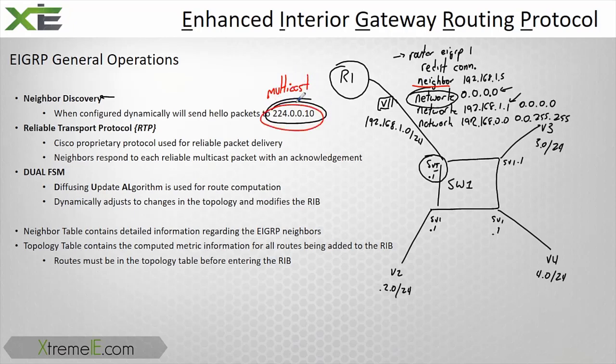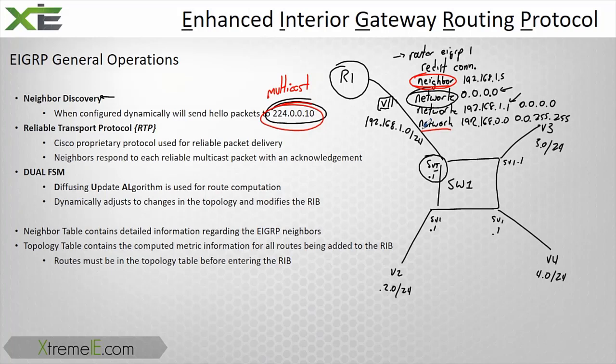So by default, we're going to start multicasting these hello packets to 224.0.0.10. Even if you change that to unicast by using the neighbor statement, you absolutely still have to enter in a network statement, because the network statement is what actually activates the EIGRP process.